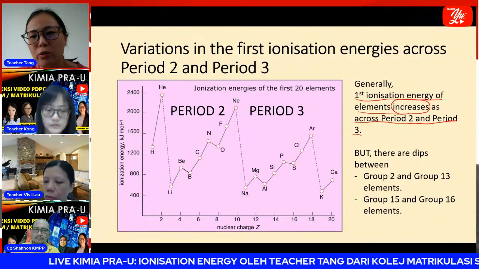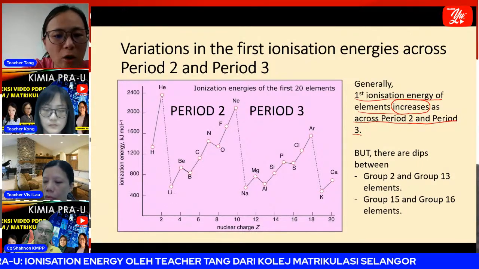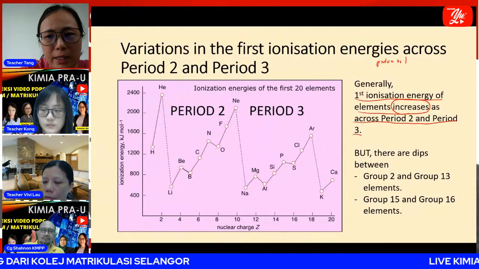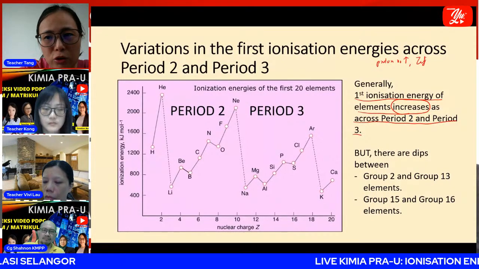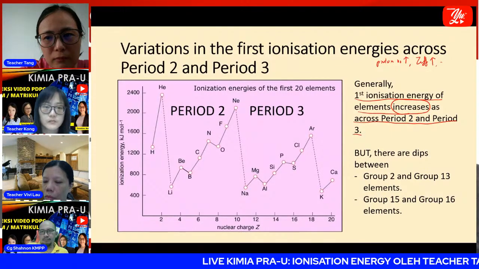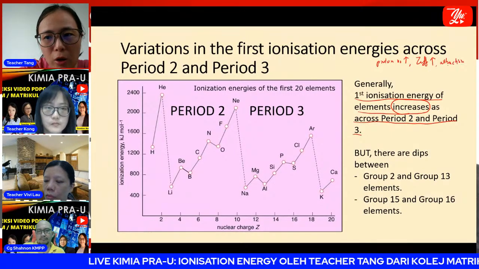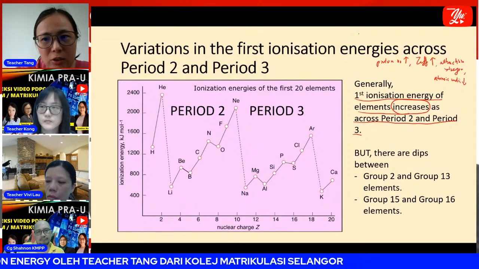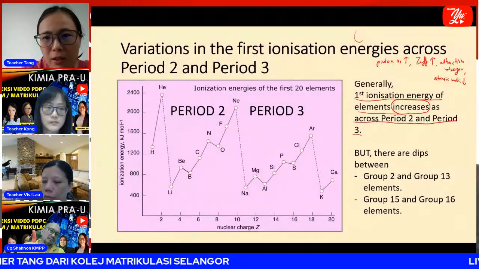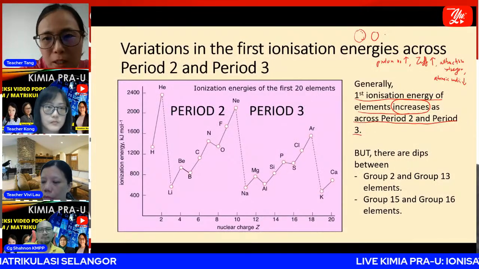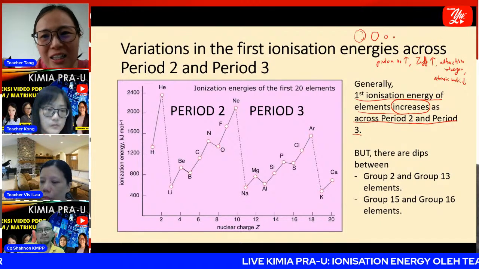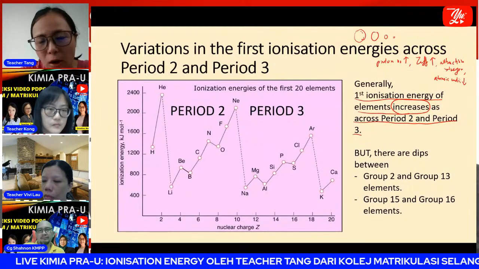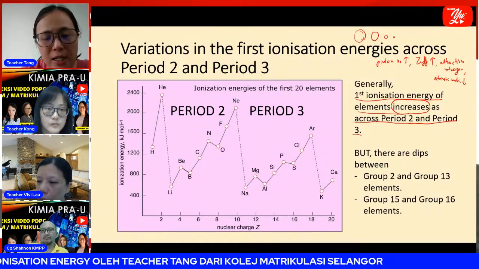Remember, across a period, proton number increases, so it causes effective nuclear charge to increase, so attraction is stronger, therefore atomic radii decreases, so smaller size, which means harder to remove the first electron. So harder to remove means that across a period, the first ionization energy should increase.